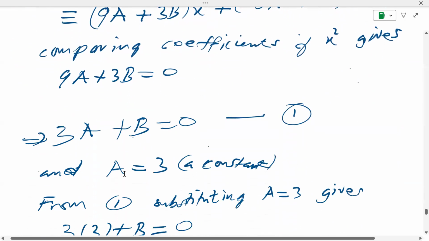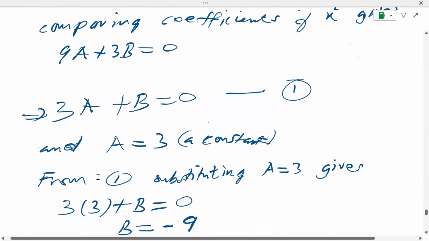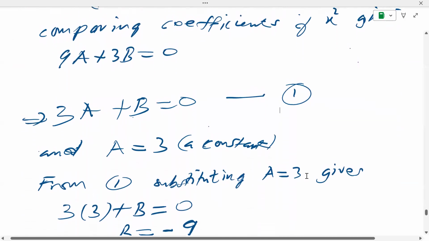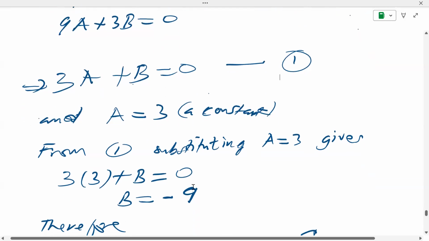So straight away, we say A is equal to 3, and that is a constant. Now, from 1, substituting A equals 3 gives us 3 times 3 plus B, and that means that our B is negative 9. So we've been able to obtain all the values, our A, our B, and our C.